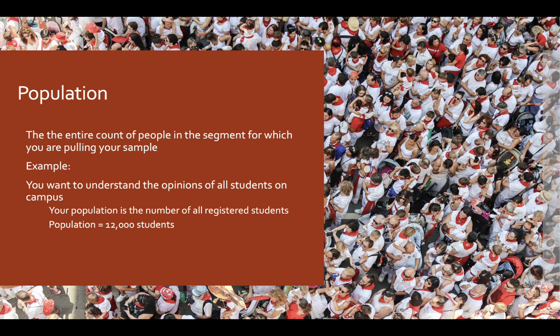All of you students could call admissions and ask them what the actual number is, but this number will also be on your college's website. Let's say, for example, that your population, once you've done your research, is estimated to be approximately 12,000 students. So those are all the potential people that you have to reach out to.